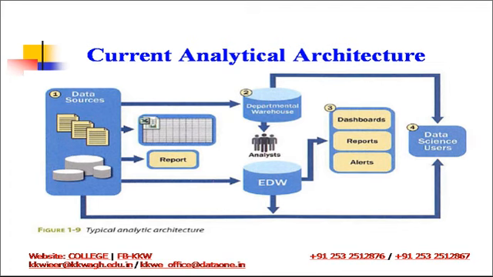And the last component is the data science users, who use the data collected from all the previous three components to derive insights for proper decision making of a particular enterprise. That is our basic analytical architecture.